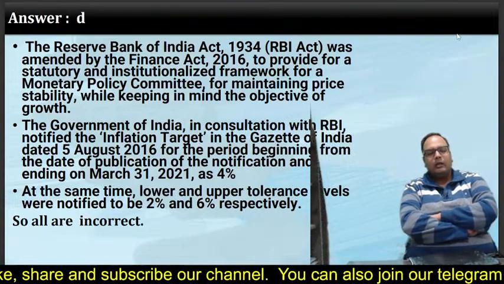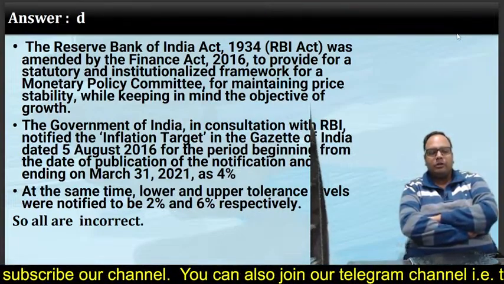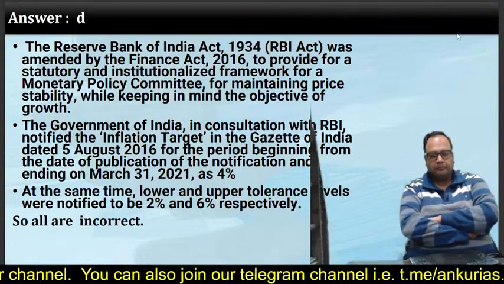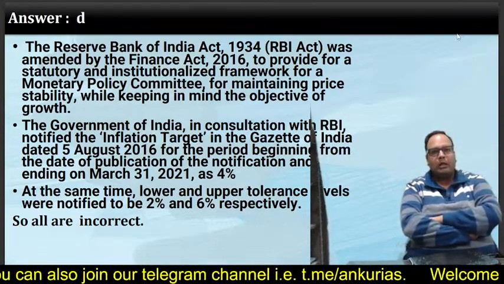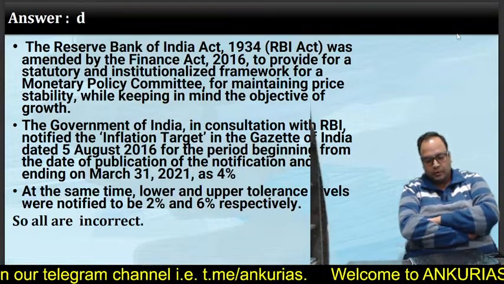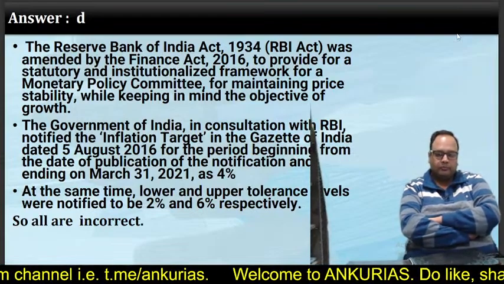Government of India, in consultation with the RBI, notified the inflation target in the Gazette of India. Right? And it has also given the lower and the upper tolerance level. Yes, right, Nikhil. 4 plus 2 and 4 minus 2.